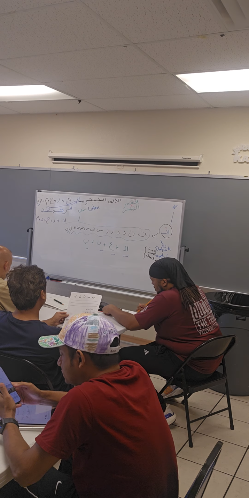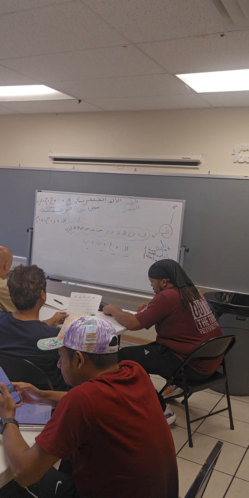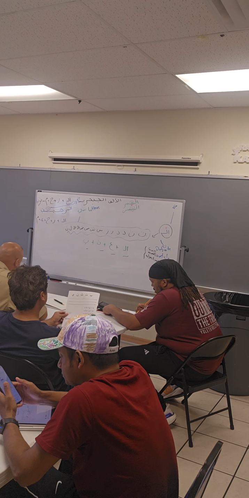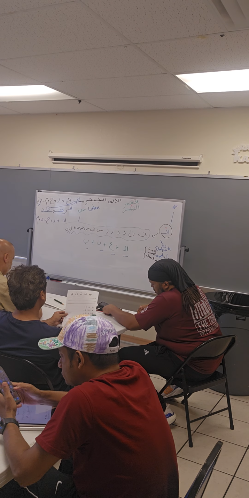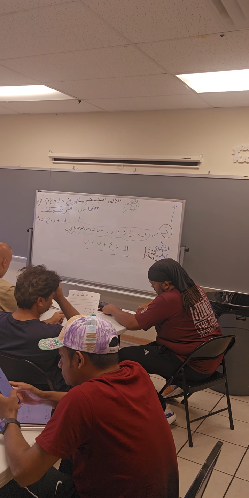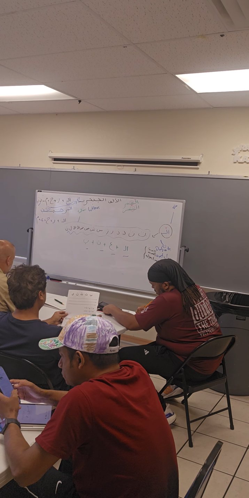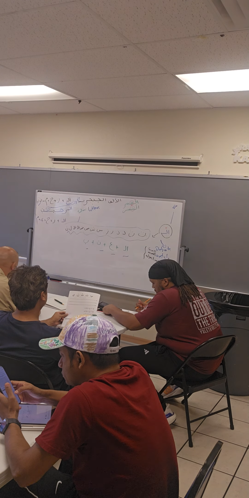You already did alif. But how is the ha? It is a triangle. Triangle. No, not Sarah. It's talking about that ha. It's a little triangle. We didn't do a triangle. A little triangle.